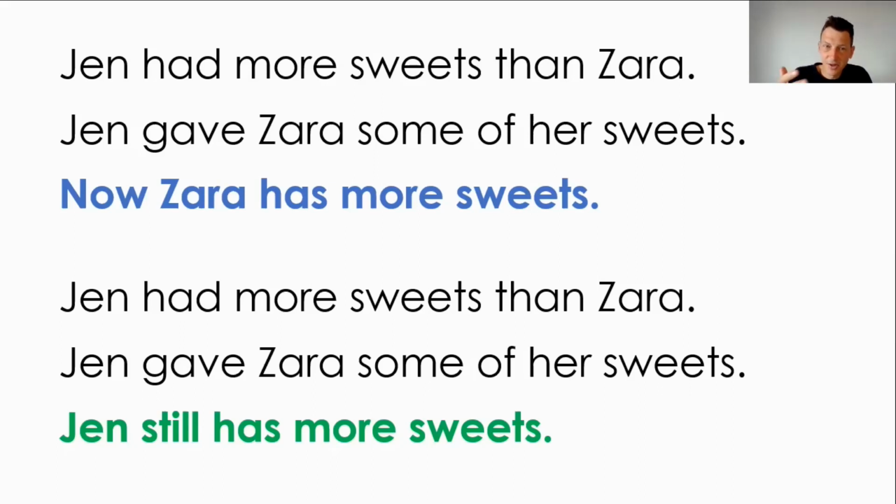And so this enables us to explore the underlying structure. And again, if I come up with a possible solution where Zara now has more sweets and where Jen has more sweets. So hopefully we could see that if we were thinking back to that original prompt, now children have explored that in open-ended ways and hopefully would have higher success.